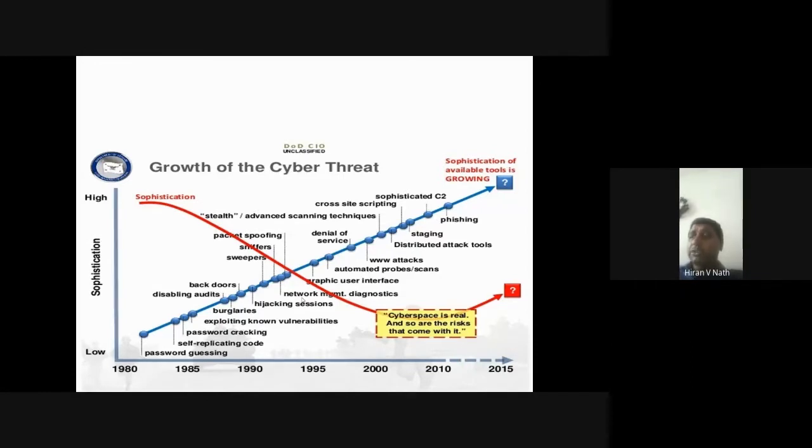And presently, the threat is going up very much, becoming advanced, with advanced scanning techniques and stealth techniques, meaning they cannot trace you back.